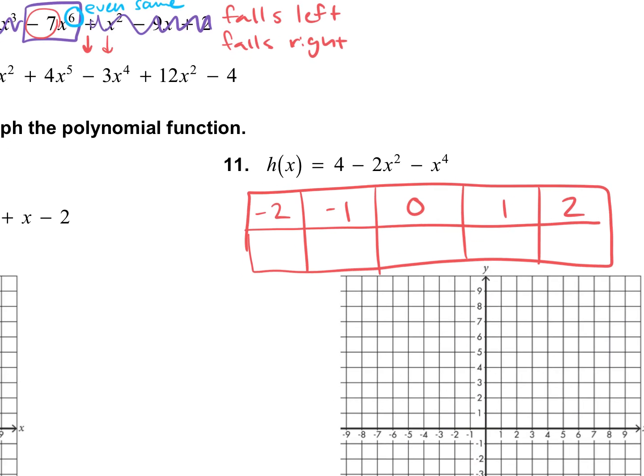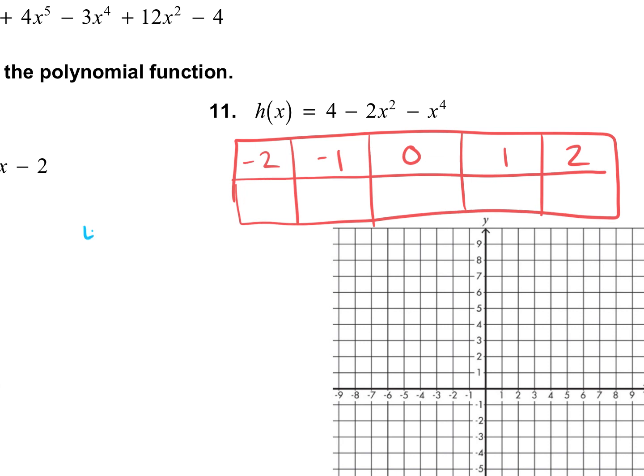So let's start by plugging in -2. We have 4 minus 2 times (-2) squared minus (-2) to the 4th power. What's -2 squared? 4. So this would be 2 times 4.